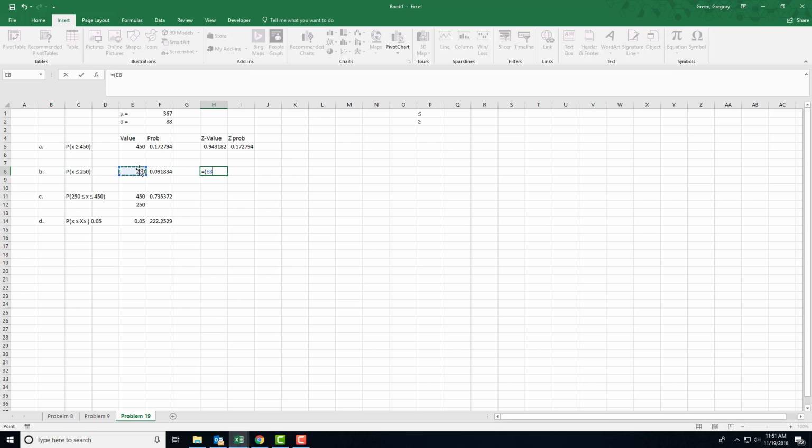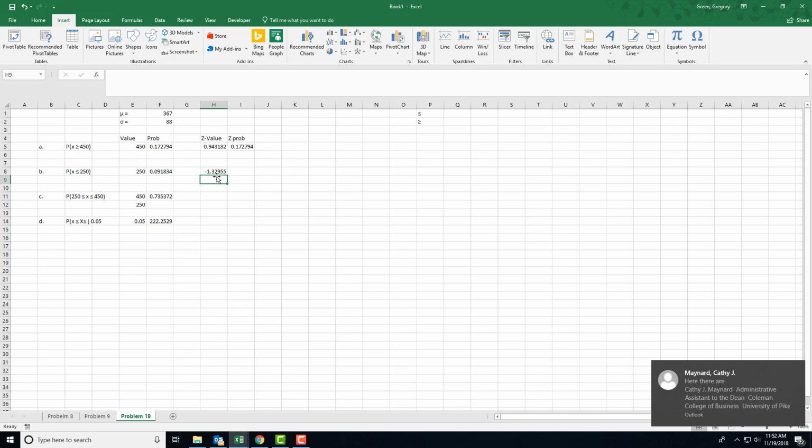So let me use this z value again. It's the value of x minus the mean, and notice this one's going to come up negative, divided by the standard deviation. So 250 is 1.329 standard deviations to the left of the mean.